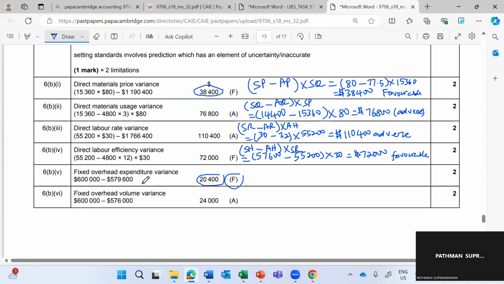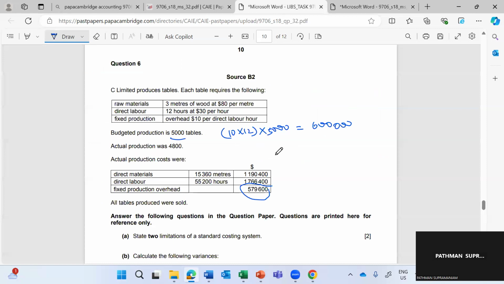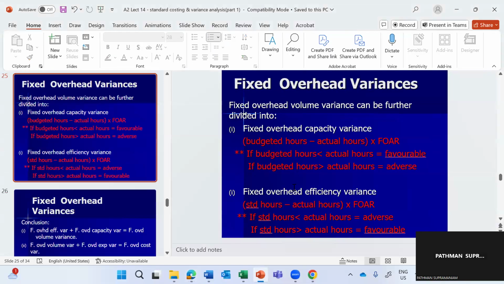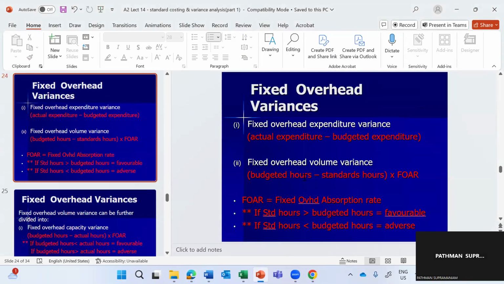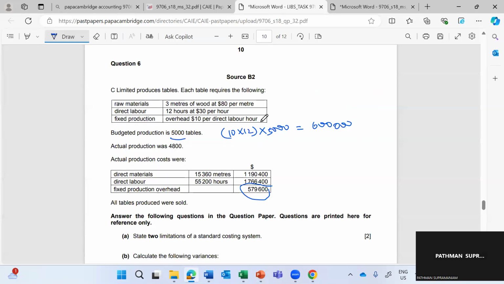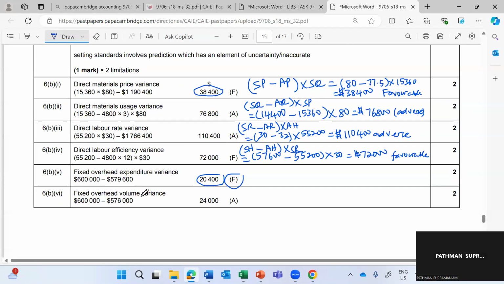Okay, so fixed overhead volume variance. The volume variance, right, is the difference between budgeted hours and standard hours, times the fixed overhead absorption rate. Okay, so the answer is 24,000. How do we get that?